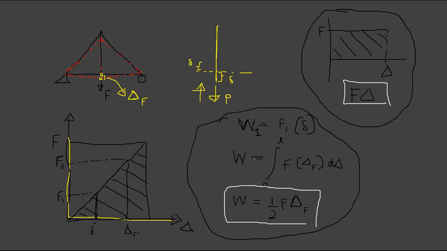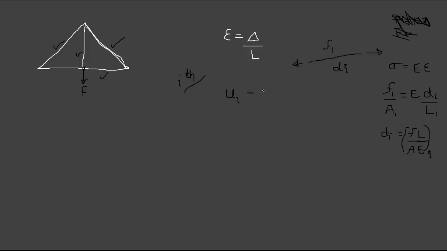Whatever the strain energy, you can write the equation for a member like this: half Fi into Di, force into displacement divided by 2, right?